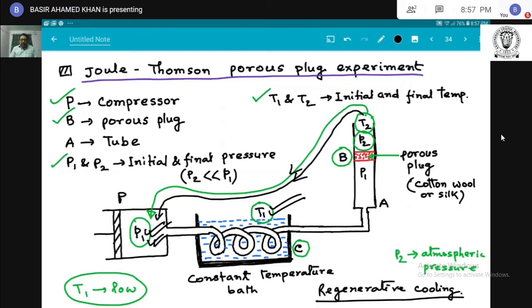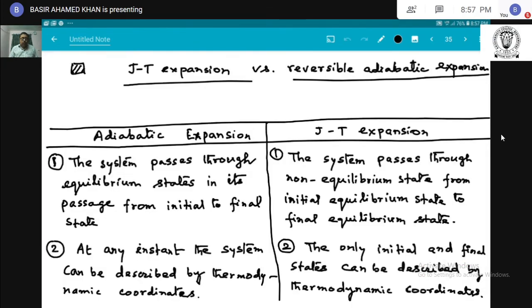Now the next point is Joule-Thomson expansion versus reversible adiabatic expansion. When reversible adiabatic expansion occurs, during the process the whole system is in an equilibrium state.